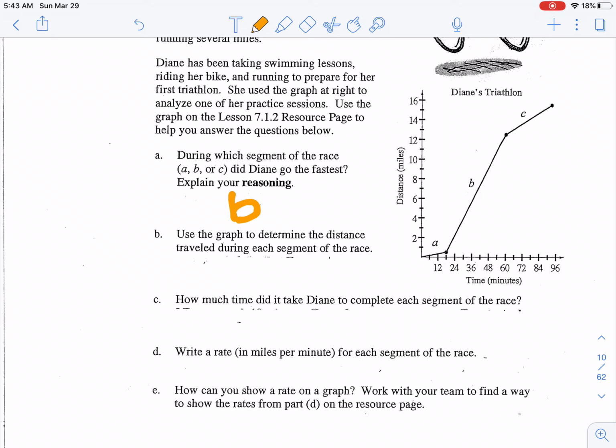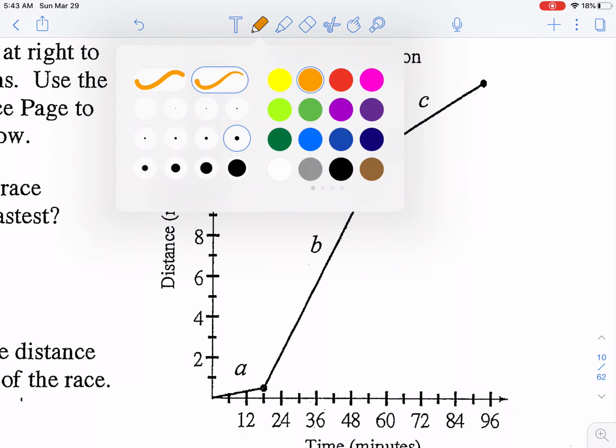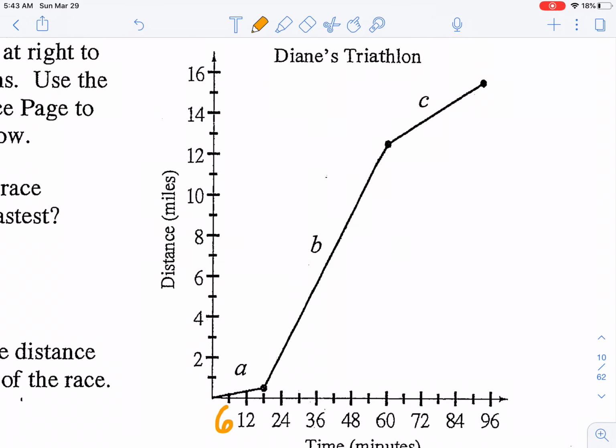Part B says, using the graph, determine the distance traveled during each segment of the race. So now we're going to be investigating this graph. Right here, letter A, we have to figure out what the graph is counting in. It's counting in sixes, so the 6 at the beginning is missing, and this would be 18. This dot is at 18, and it's not quite at 1 over here.